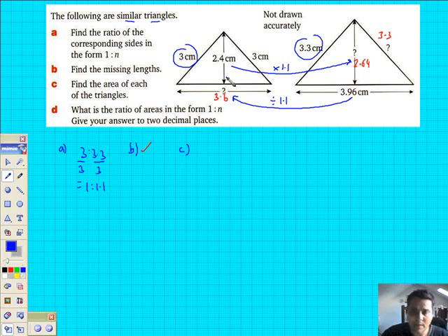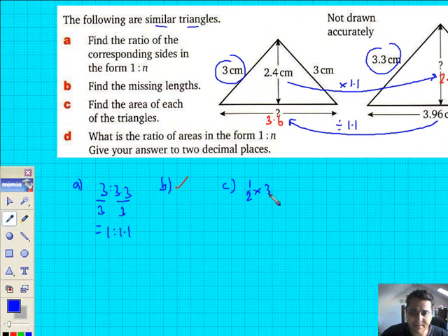Back to blue. Okay, area. So this little one here, half times base times the height. We'll just get one answer for that one quickly. So 0.5 times 3.6 times 2.4, and we've got ourselves 4.32 centimetres squared.